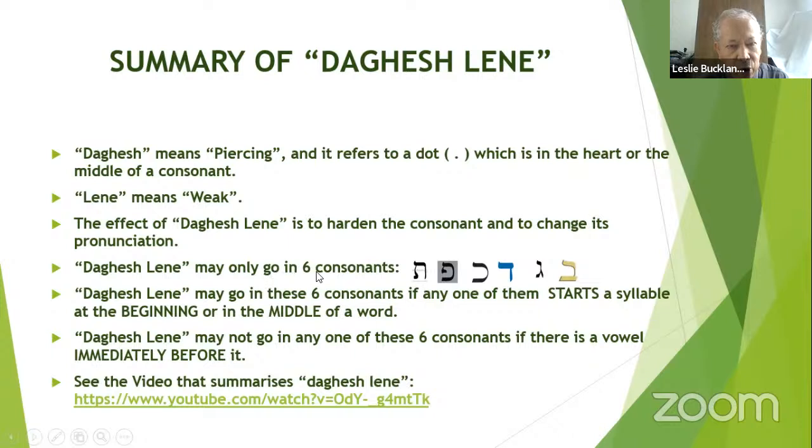Dagesh lene may only go in 6 consonants: Beth, Gimel, Daleth, Kaf, Pe, Tau. Dagesh lene may go in these 6 consonants if any one of them starts a syllable at the beginning or in the middle of a word. Dagesh lene may not go in any one of these 6 consonants if there is a vowel immediately before it.